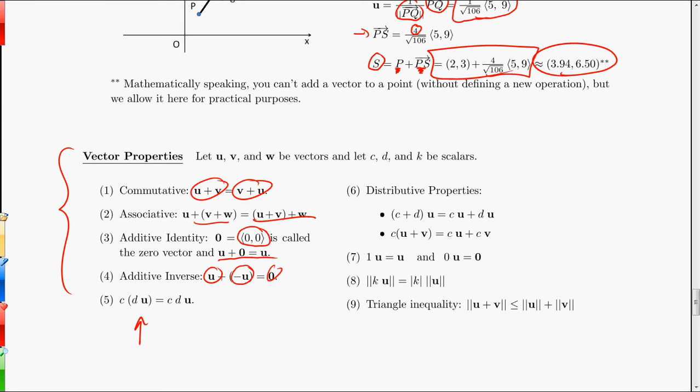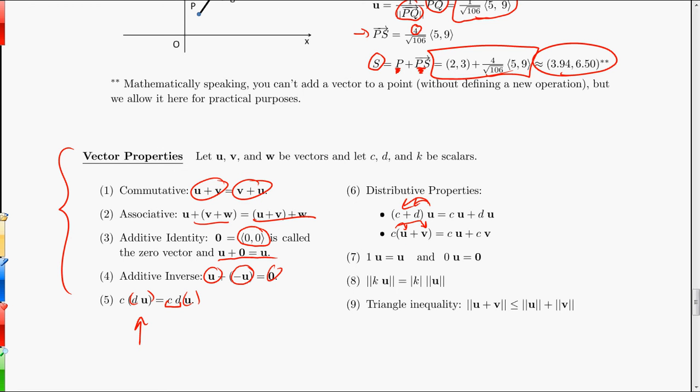Scalar multiplication is associative. You can take c times du or cd times u. You can distribute scalar multiplication across regular addition, and you can also distribute scalar multiplication across vector addition.